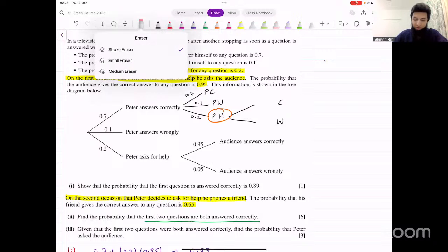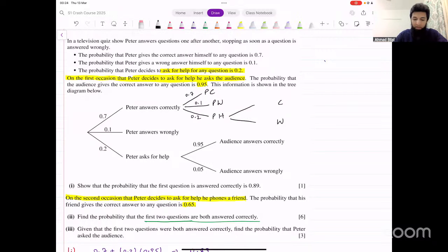When he goes for help, he's not asking a friend, he is asking the audience, right? Because this is the first time that he's asking for help. So what's the probability that the audience gives the correct answer? That's 0.95. And the probability that the audience gives the wrong answer, that's 0.05. Okay.